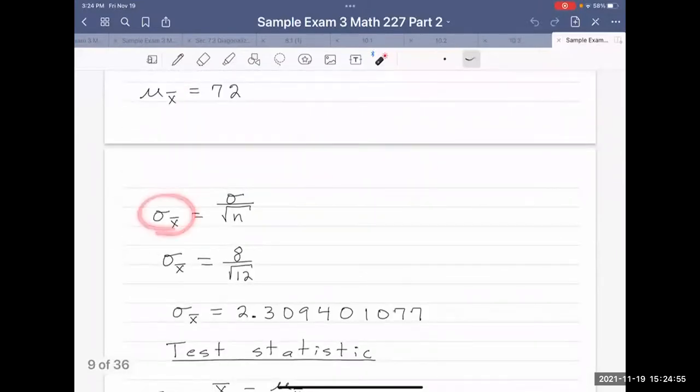The standard deviation for the sampling distribution is equal to the population standard deviation, which we were given as equaling 8, divided by the square root of the sample size, which is 12. And so I get that this is equal to 2.309401077.